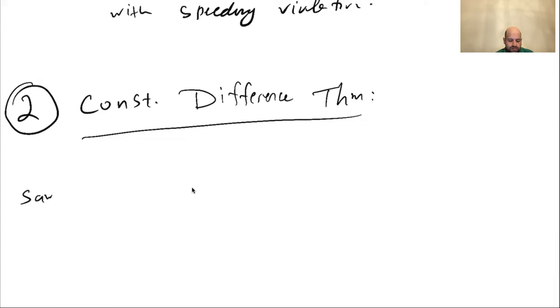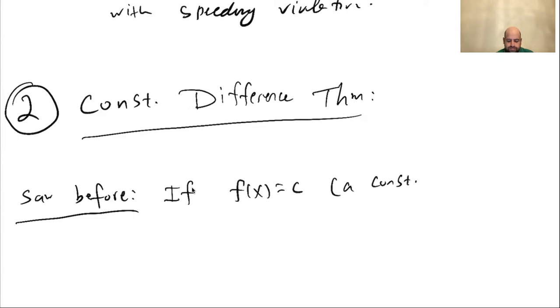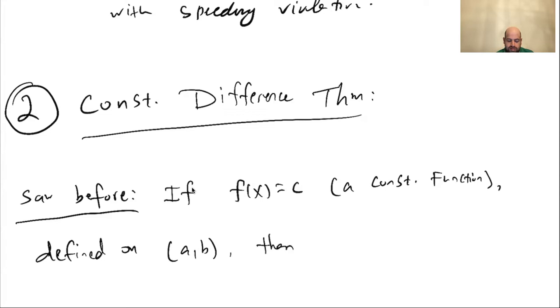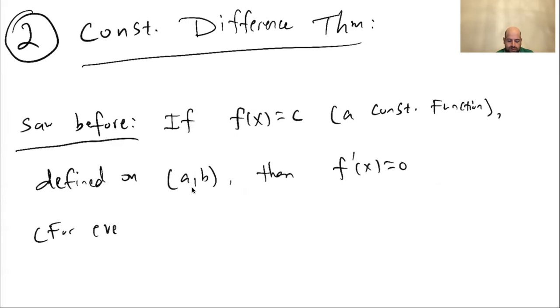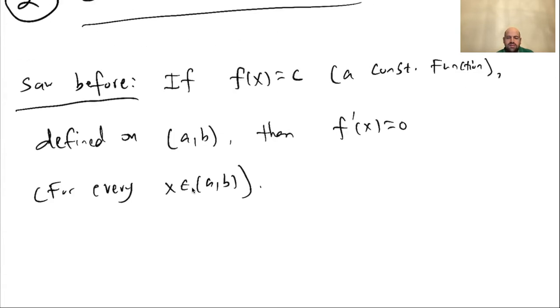So we saw before that if, let's say, f of x equals c, a constant function defined on some interval, let's say a to b, then f prime of x equals 0 for every x between a and b. In other words, the derivative of a constant function is 0.